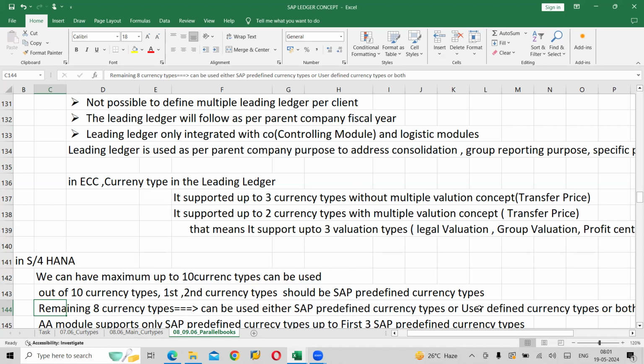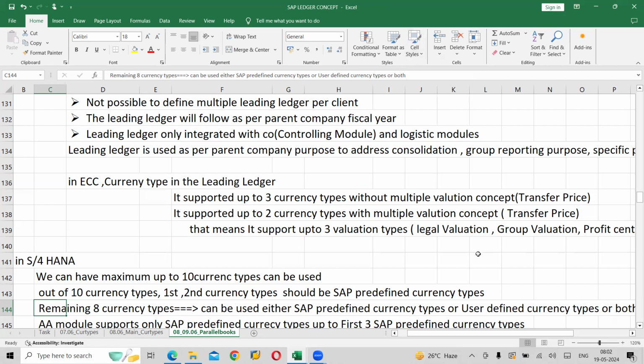S4 HANA provides a functionality that the user can have their own currency type. So user defined, or both we can use, right?